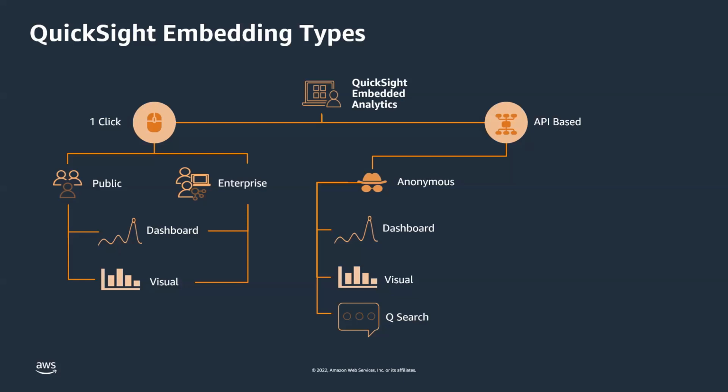So as Dheeraj explained, for anonymous embedding, we have three different experiences that you can use. You can actually embed the dashboard, a single visual, and the QuickSight Q search bar. Okay, so let's deep dive into taking a look at exactly how this is done, what the use cases behind it are, and what is required to do this.